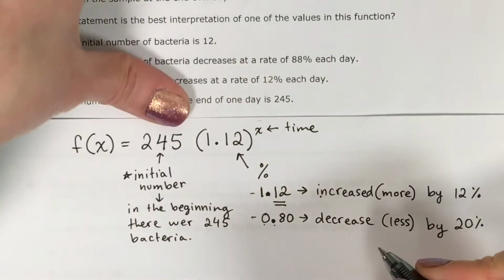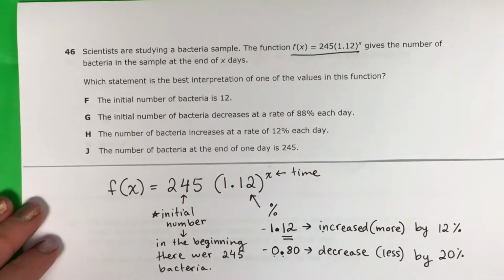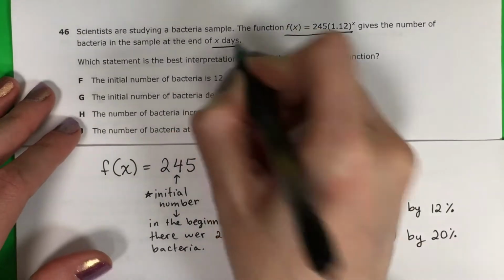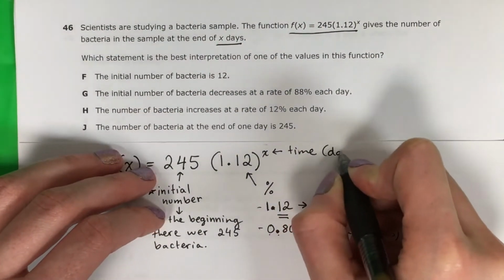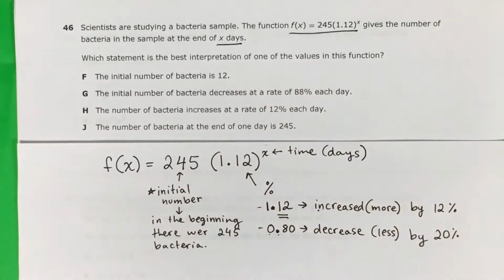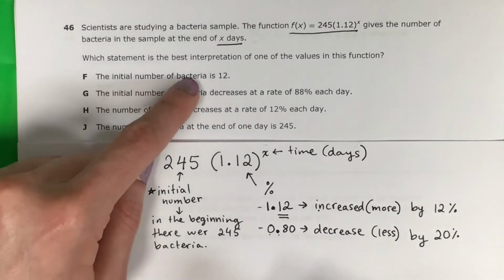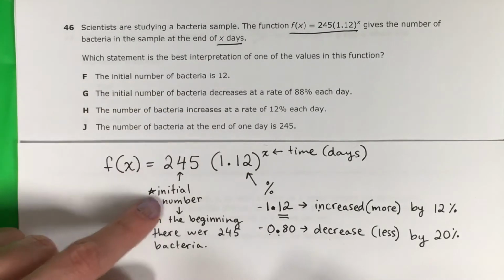And here they told you what the time is. They said it's x days. Okay, so let's go ahead and put what that is. So this is x days. So this one is days here. Okay, so let's talk about what they mean. F, the initial number of bacteria is 12.